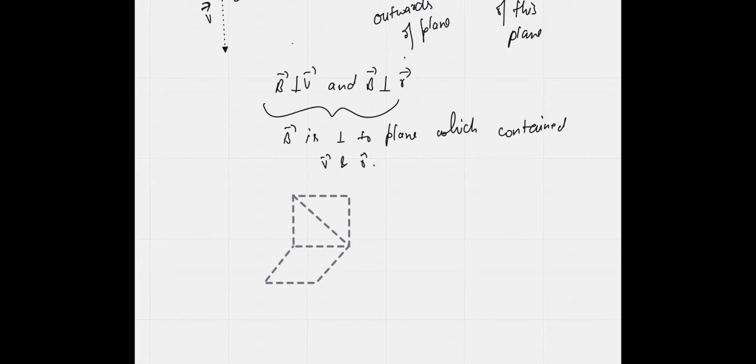If you see carefully, this is one plane we have. Some diagram we have made over here.